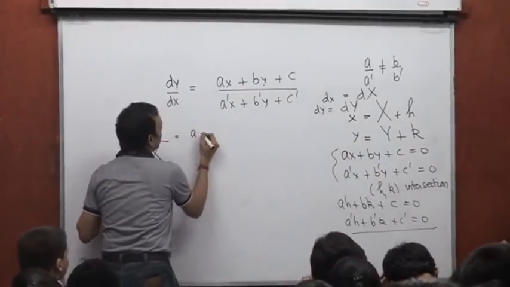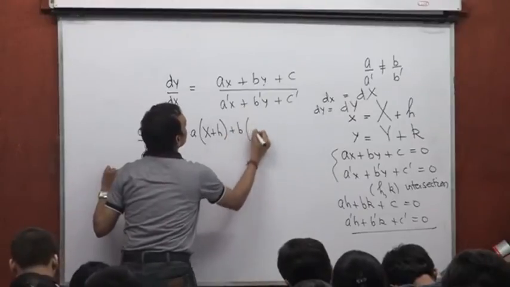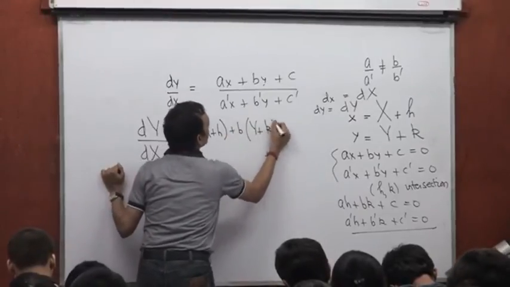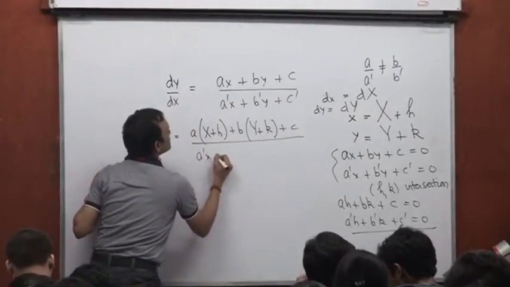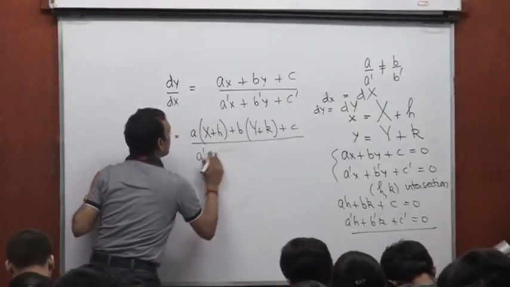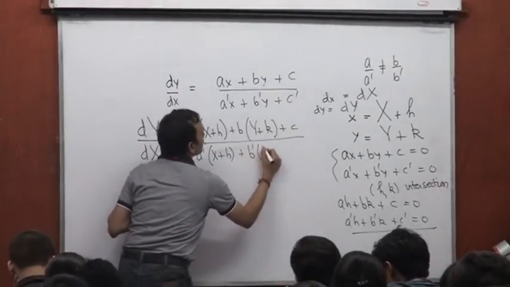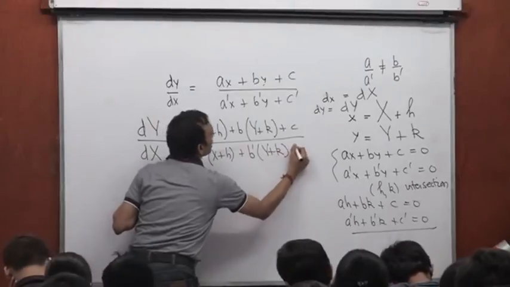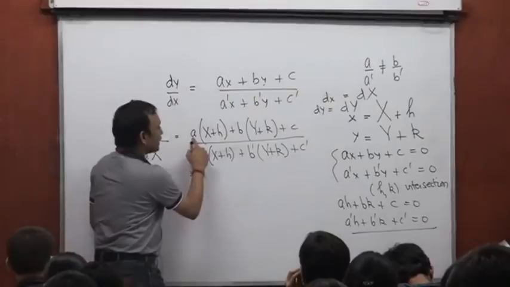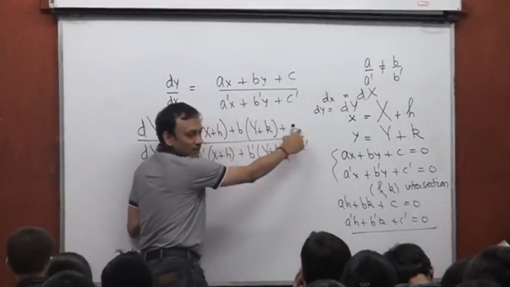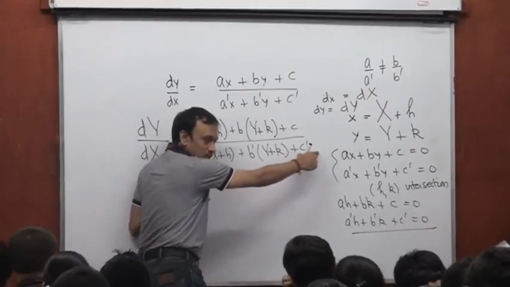So I get a(X + h) + b(Y + k) + c divided by a'(X + h) + b'(Y + k) + c'. But ah + bk + c is 0, and similarly a'h + b'k + c' is 0.